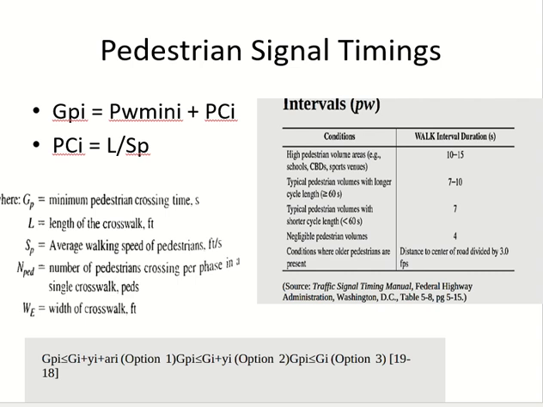Now for clearance of vehicles we give all red. Pedestrian clearance is when the signal is about to close for the pedestrians, not the vehicles. So it was green, now it's about to close. What does the pedestrian signal do before closing? Flashing. So PC is basically the flashing time.